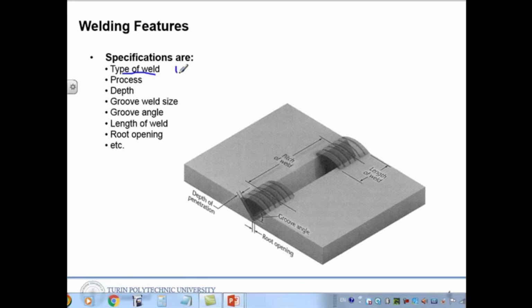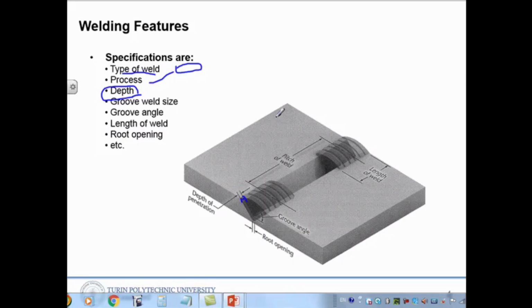For this there is an abbreviation. I will show how to represent this in the next slides, and the process can also be added there. Next, the depths of weldment.